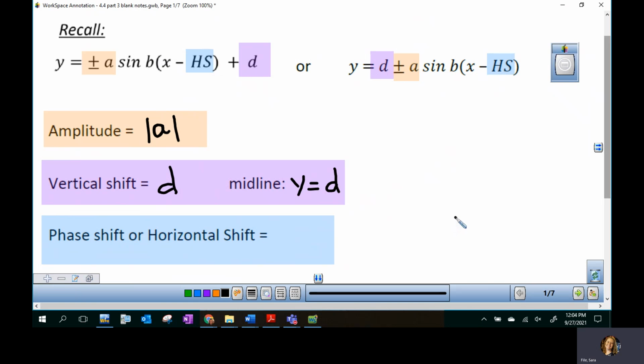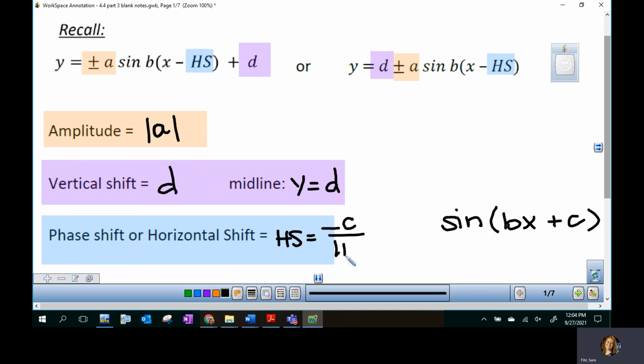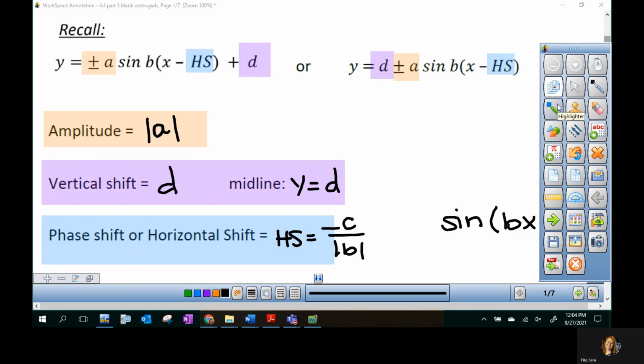But remember, it could be written with the b inside parentheses, where the b is distributed into it, and then you no longer see the horizontal shift, you see the c value. But remember, it needs to be the opposite of the number that you see there. That's why I put the minus the horizontal shift, because it's negative c divided by the absolute value of b.